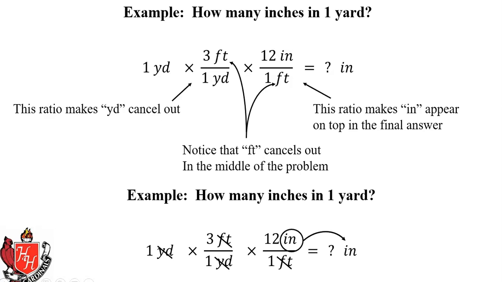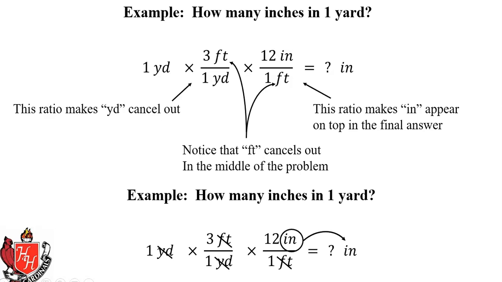So if you look down at the bottom, how many inches in 1 yard? Well, yards canceled out, feet canceled out. The only thing left remaining is inches in the very last conversion ratio. And so that's going to be the unit of measure in your final answer. So since the units canceled out properly, then that means that the numbers will work out to give you the final answer.